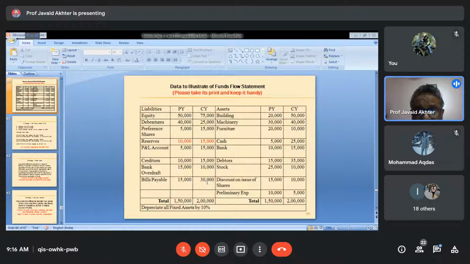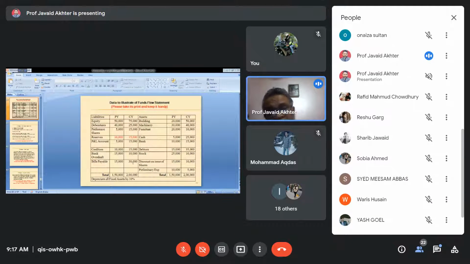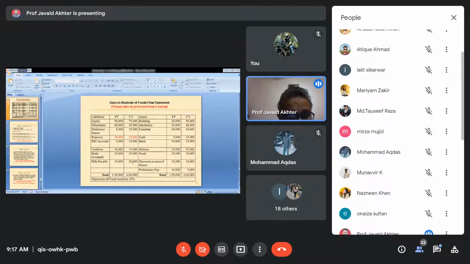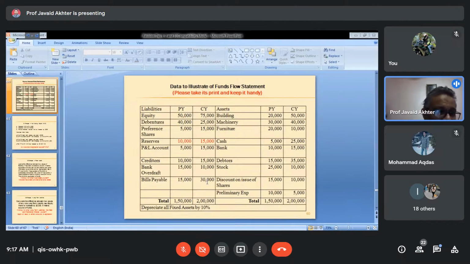I have repeated it several times. If you just keep on listening, the chances of your recall will be very, very less unless you practice on your own. For example, I have written here, you keep a printout of it, because moving the window back and forth, one disappears from your eyes, the other remains, and it becomes difficult. If you have everything in front of you, understanding becomes easier.